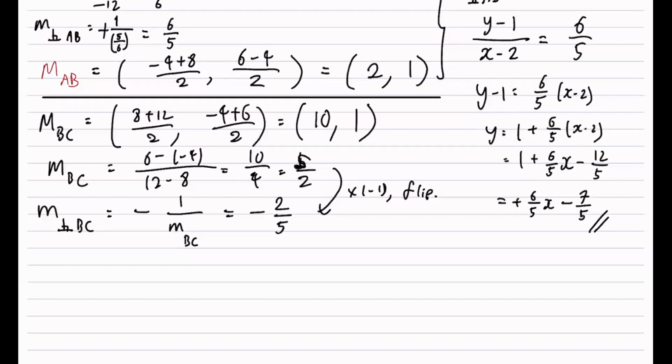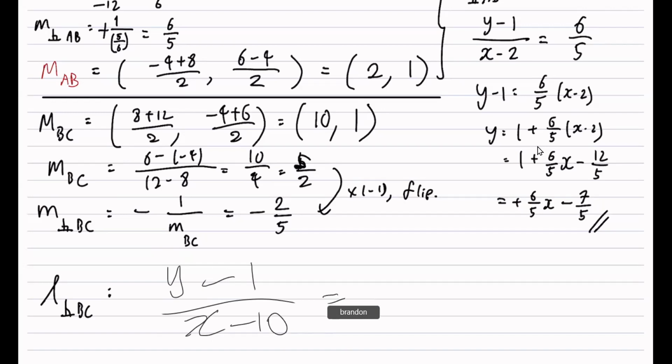Now we have the perpendicular gradient as well as a point that it passes through on BC. So the equation of the line perpendicular to BC will be: y minus 1 equals -2/5 times (x minus 10). Correct, you got it.